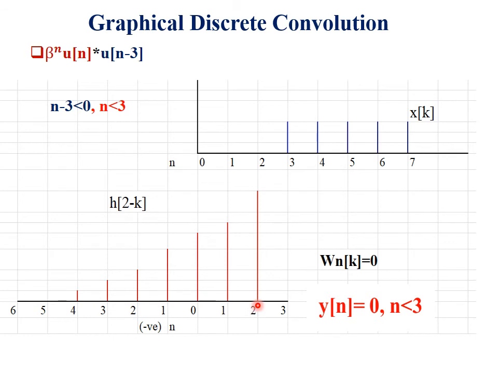Hence, now what we get is when h of 2 minus k is there and here we have x of k, still what would be the value of Wn of k? That is W2 of k, still it would be 0 because both of them are not having any overlap, or in other words, there is a gap between the two signals. One signal is lying here, the other one is here. A product of such a case would be 0 and hence W2 of k would also be 0.